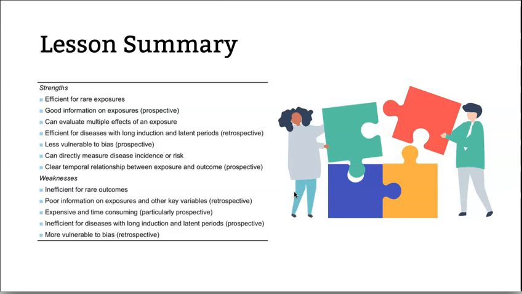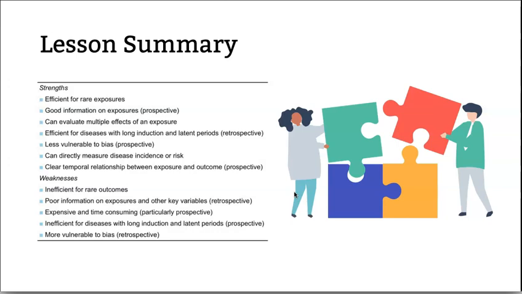So they can be very expensive and time-consuming studies to do. They're inefficient for diseases with a long incubation and latent period, meaning if it takes a disease a long time to develop, like cancer, it can be very expensive to follow people long enough to see that outcome develop.